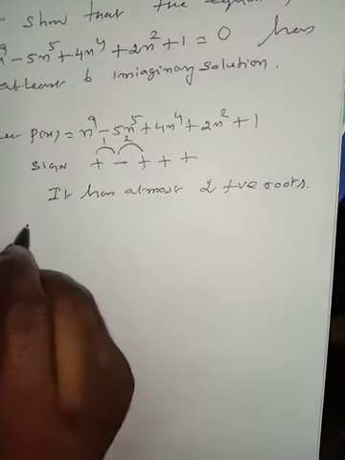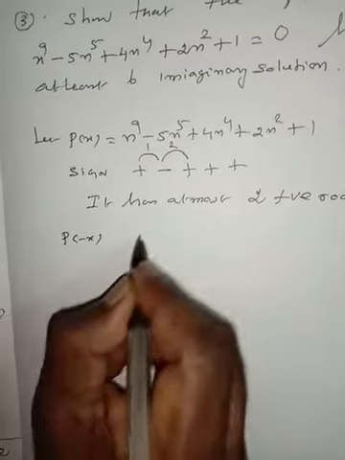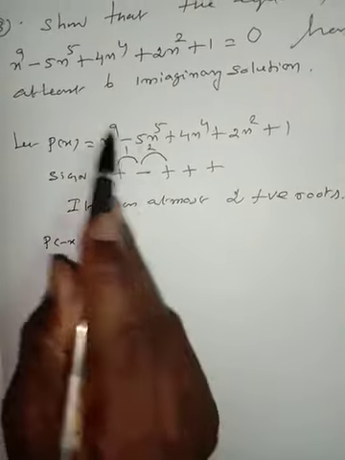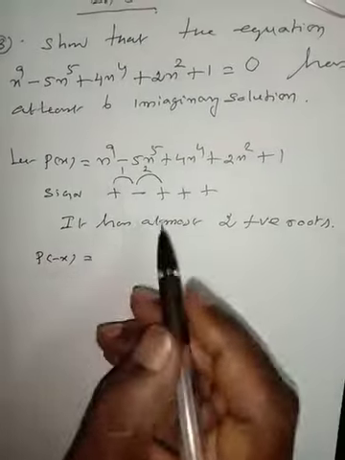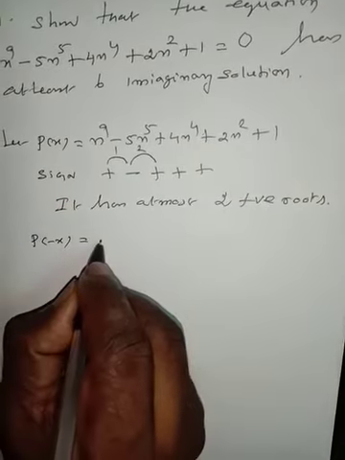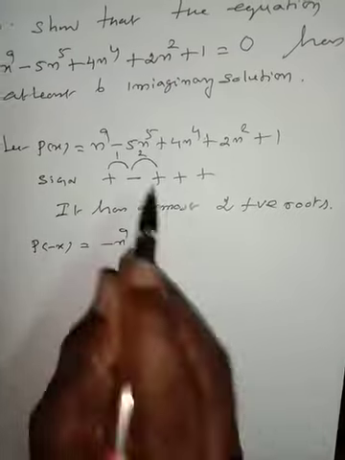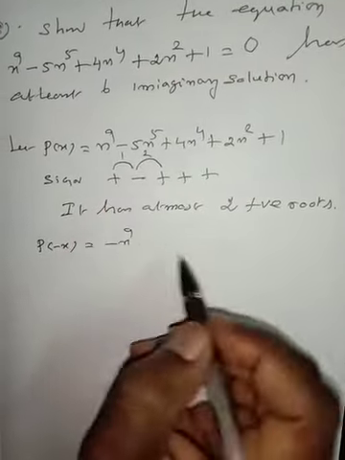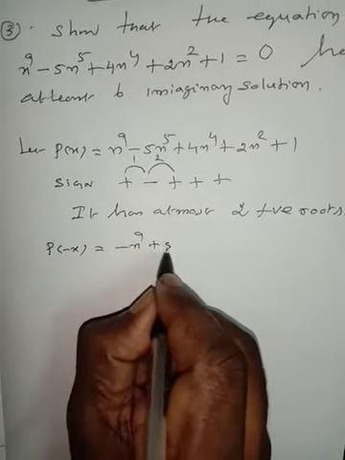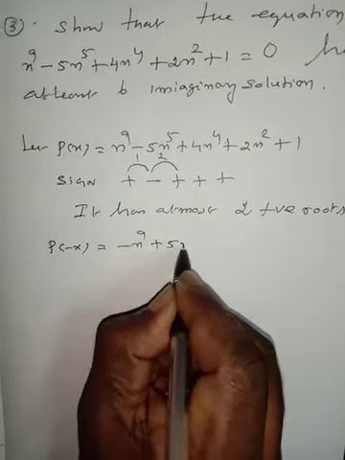Next, p of minus x: change x into minus x. The power is odd, therefore minus x power 9. Power is odd, minus of minus is positive, plus 5x power 5.